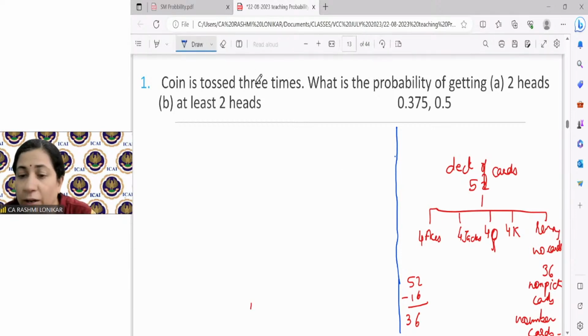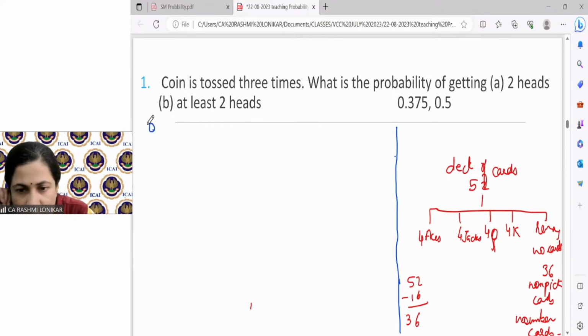Okay, a coin is tossed 3 times. So let us see what are the possibilities. Possibilities are 0 heads, 1 head, 2 heads, and 3 heads. Okay, these are the possibilities. So how does it look like? 0 heads is T, T, T, all 3 tails.